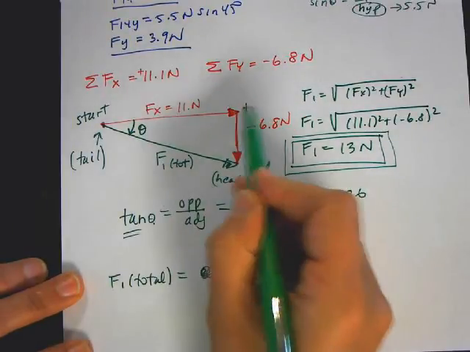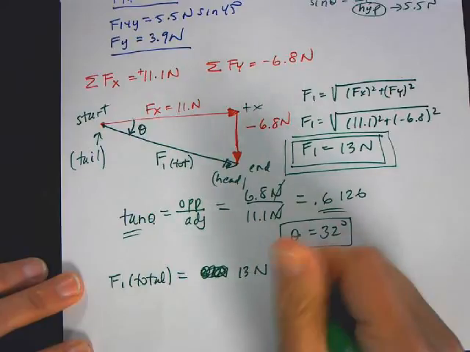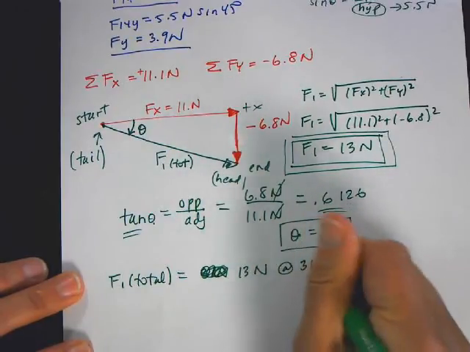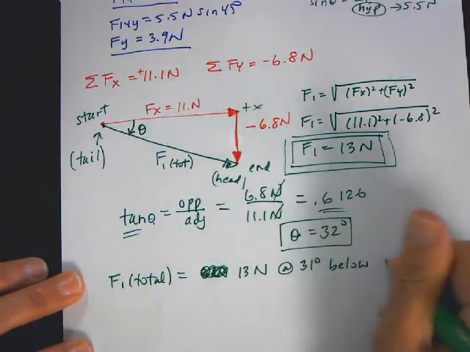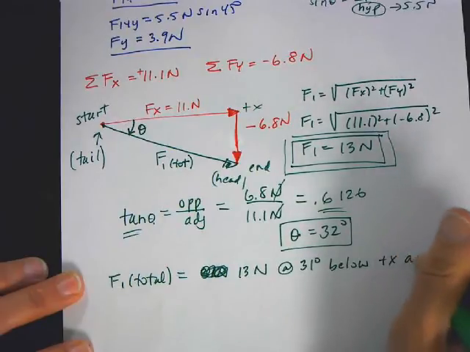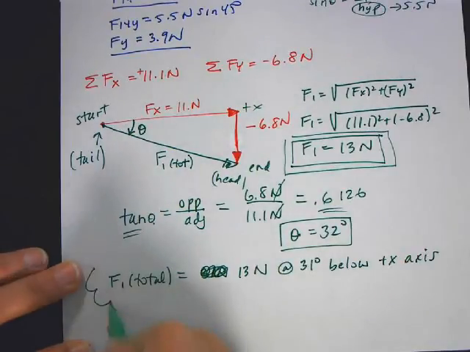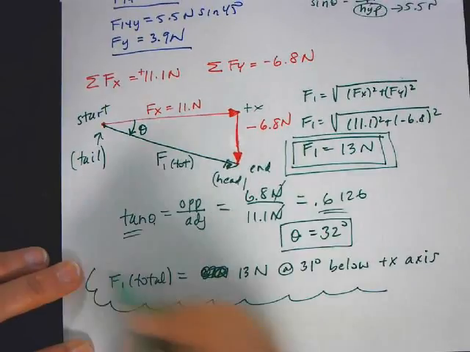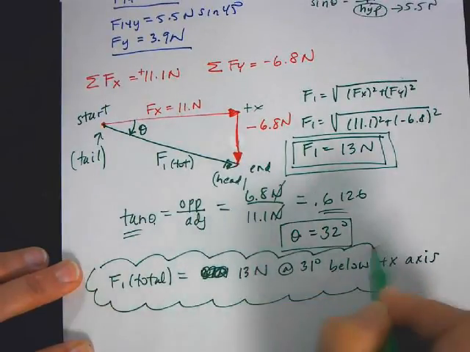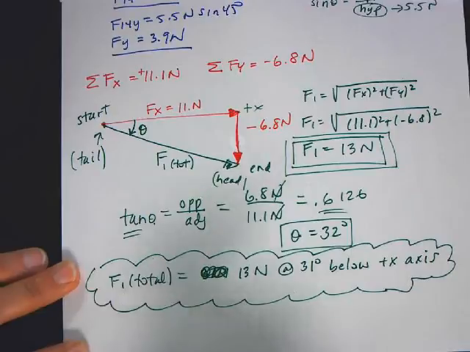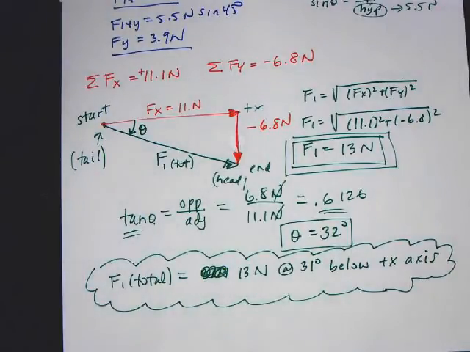So to solve this problem, we did stuff we did earlier in the year, adding vectors head to tail, finding the resultant. In this case, we had 3 vectors, and that's it. That's how we do these. So it's a little tedious, but it's not difficult, okay? You just need to follow the steps.